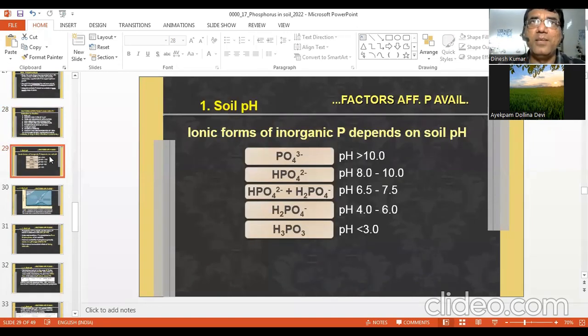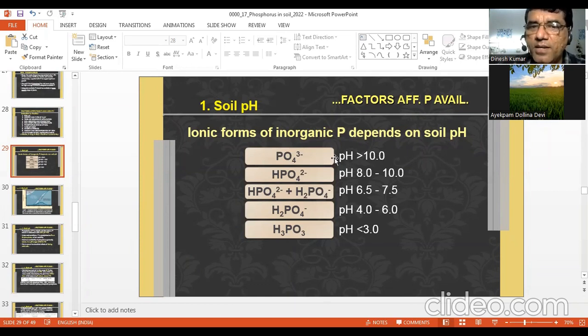You have already seen where the maximum availability of phosphorus was in that picture. Available phosphorus means H2PO4 and HPO4. So here you can see the ionic forms of inorganic phosphorus depend on soil pH. Phosphate, PO4, is dominating at pH 10 or more.